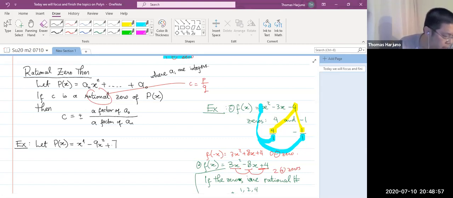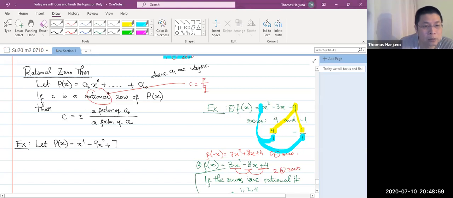Okay, and then what are the possible rational roots or rational zeros of P(x) according to the rational zero theorem?